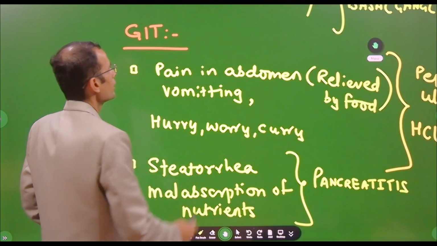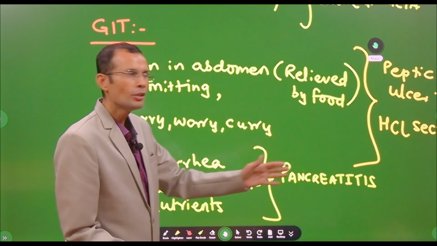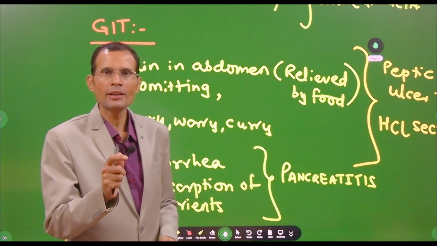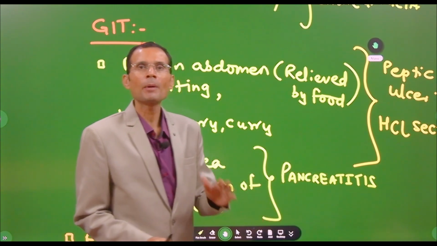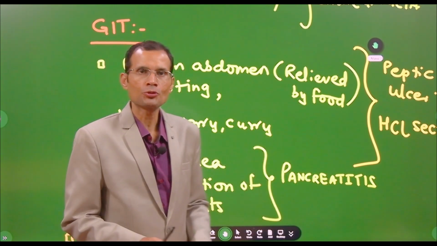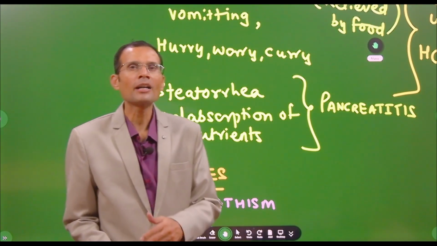In the GIT, there may be pain in abdomen which is relieved by food, or vomiting, hurry, worry, curry. All these phrases mean it's a peptic ulcer and you are being asked gastric juice. Most commonly in the GIT, they will ask gastric juice and pancreatic juice.